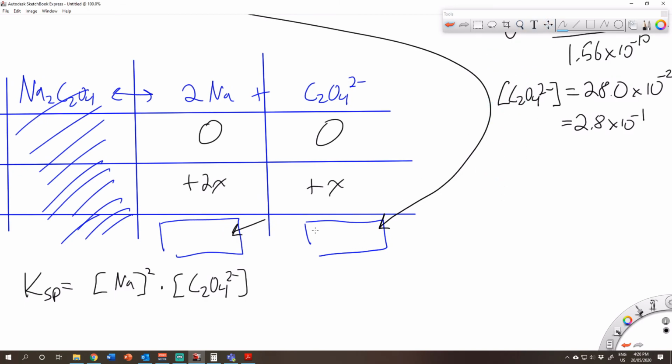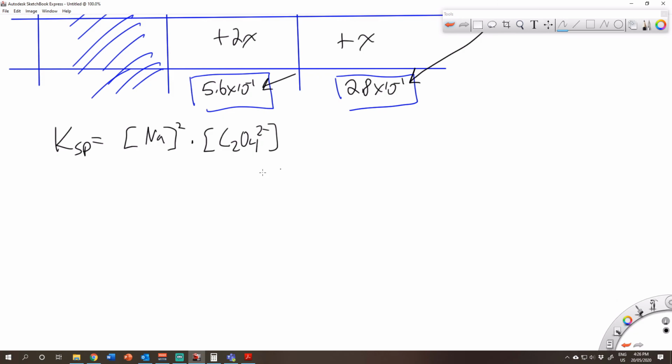We can put that into here. So 2.8 times 10 to the negative 1. The sodium is twice that, so this will be 5.6 times 10 to the negative 1. Throwing into our KSP, we now get 5.6 times 10 to the negative 1, squared, times 2.8 times 10 to the negative 1.